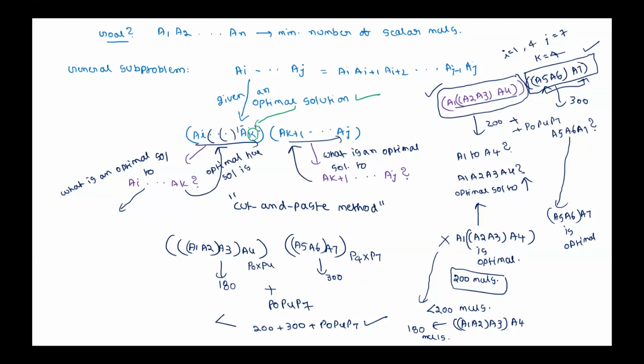Is it clear or not clear? Is there any doubt? No, sir. So then we say that the problem has the optimal substructure property, or the principle of optimality holds. So when do we say that a problem has optimal substructure?